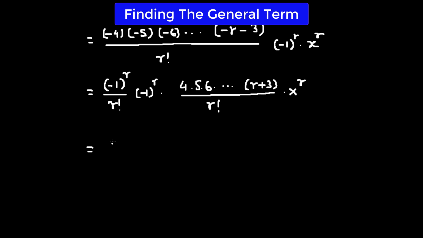So we have negative 1 raised to the power of twice of r divided by r factorial.